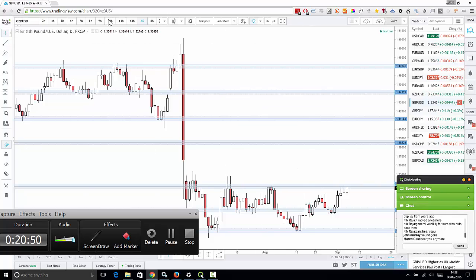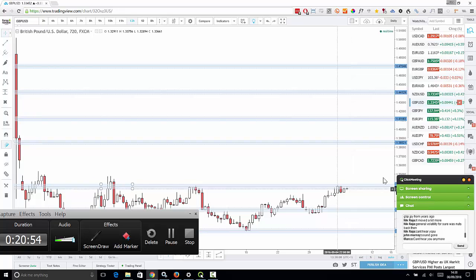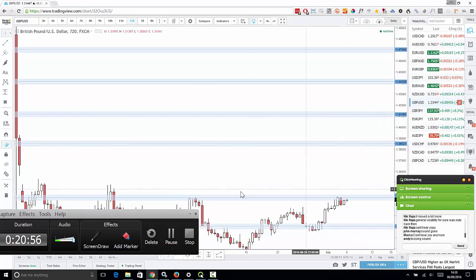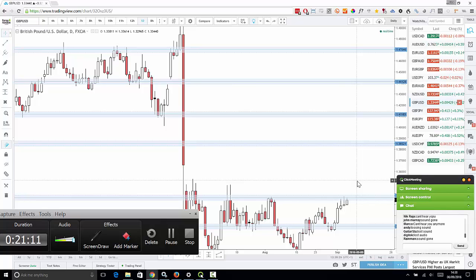Probably going to want to do so on the daily though, because it doesn't look like there's much chance of entering anything like that on these lower time frames. So this is not a potential setup yet. We've just got price heading into resistance. It's clear that price is struggling, but there's no clear indecision, and no clear way to judge what would be a good entry.